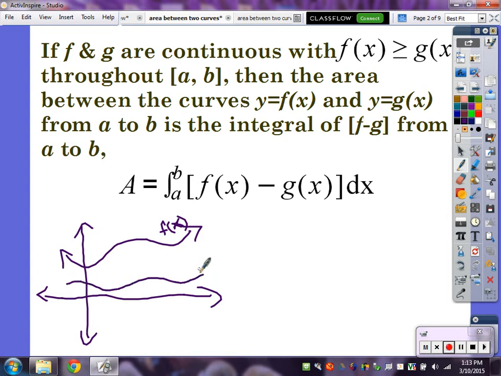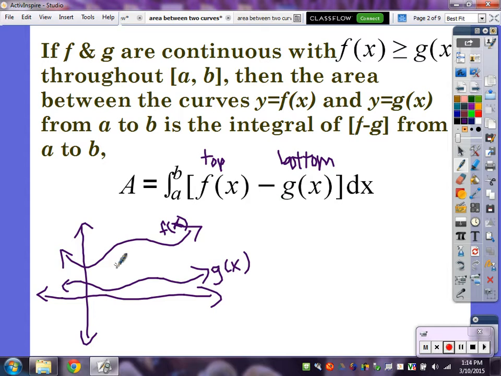So somewhere down here, less than my original. So that would be g of x. And so really, visually, it looks like top is f of x, bottom is g of x. So a lot of times we just say top minus bottom, your top curve minus your bottom curve. And that's really what f of x is greater than or equal to g of x is communicating.